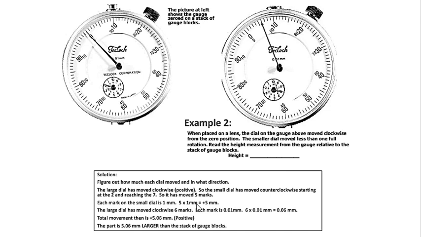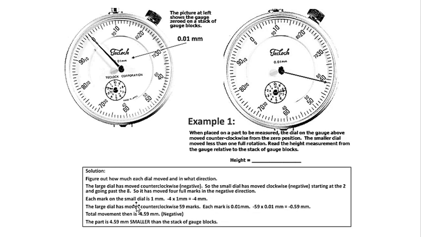So then you're going to add your 5 millimeters and 0.06 millimeter, so you're going to get 5.06 millimeters, which is larger than your stack of gauge blocks. So this example is a little bit different from the first, okay, two exercises that I want you to do.